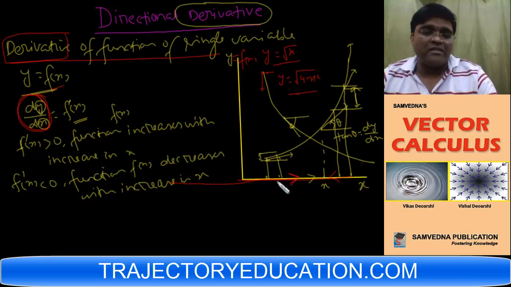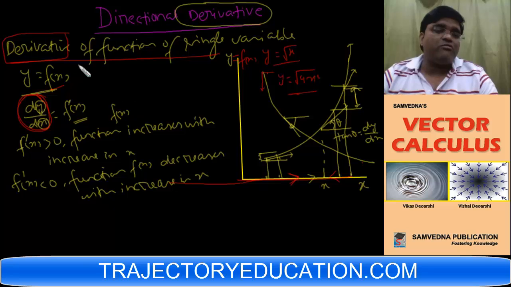One can move only along x and see how y is varying. If y is varying rapidly, we say the derivative is very high. If y increases slowly, we say the derivative is small. Now let's see what the derivative of a function of two variables means. So let me take an example of a function of two variables.